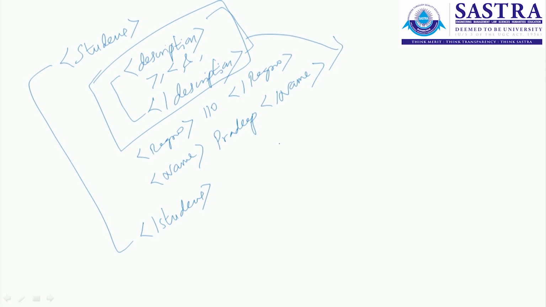We have to start writing the same document again. This is student, then I have to start with exclamation, CDATA, square bracket and another square bracket, then we have to include description, whatever content is to be considered as regular text can be included here.